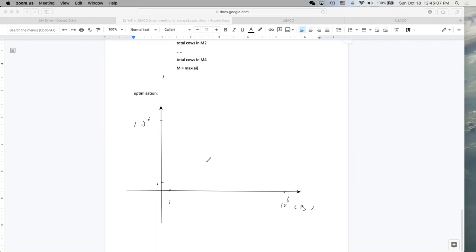Now you only have 4 cows, right? Let's say the 4 cows are, look here, let's say 2, 4 as a location. And this one is, you know what, 1,000, and then 550.